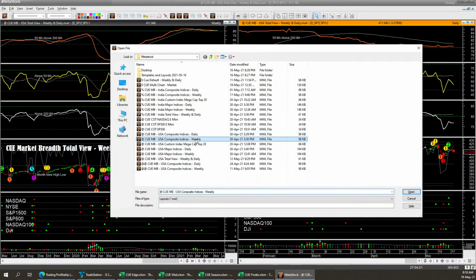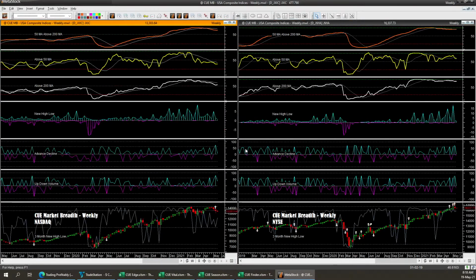And if we look at the composite weekly charts, there is only one thing I wanted to point out, the weakness that we saw in Nasdaq. This is Nasdaq on the left, NYSE on the right. The percentage of stocks above 50 MA for Nasdaq has been tilting down for quite a long time and is remaining below 50%.